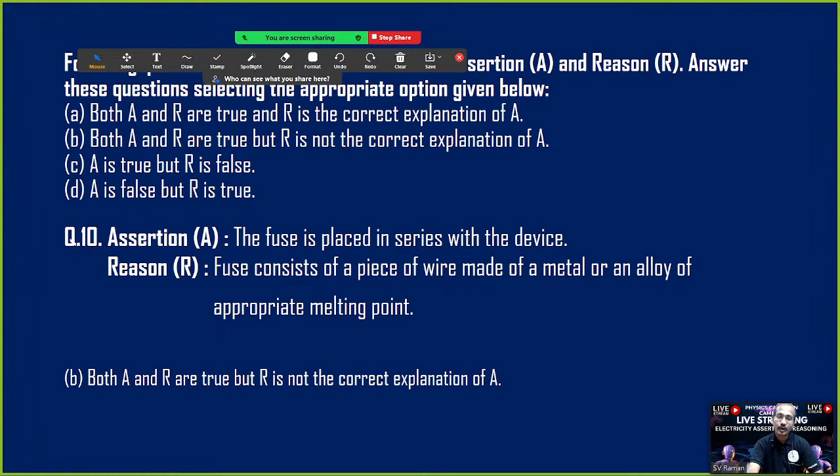Both assertion and reason are true, but the reason is not the correct explanation of the assertion. It does not exactly say why we connect the fuse in series. This is different and that is different.